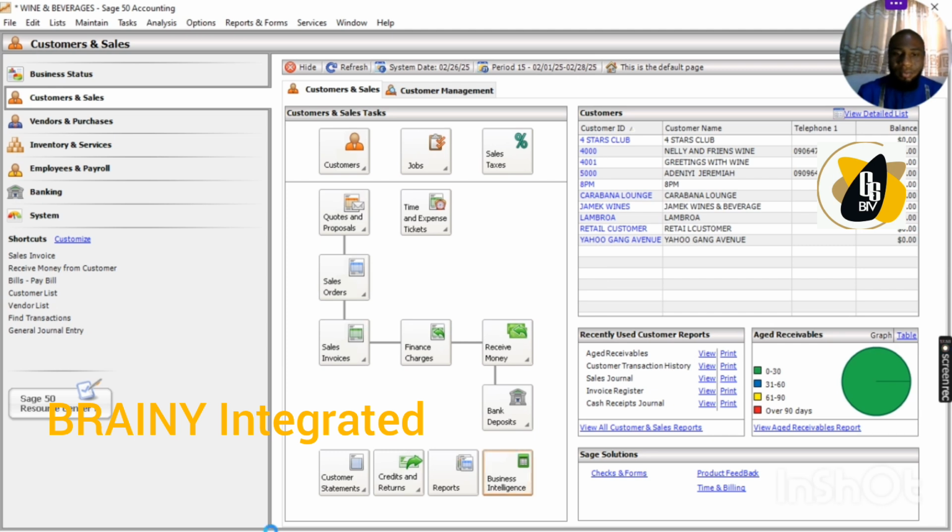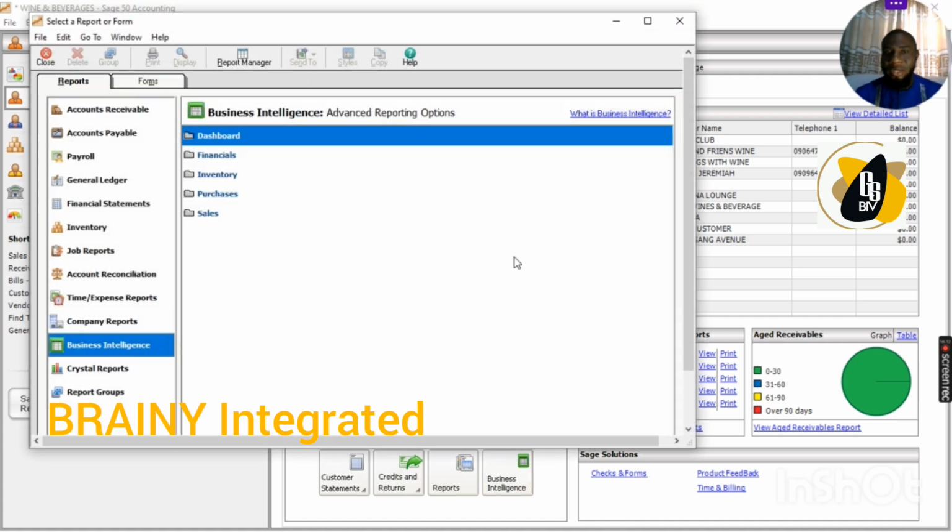The effects in the statement of financial position. To check the effect in the statement of financial position, let us just wait for it to finish loading.